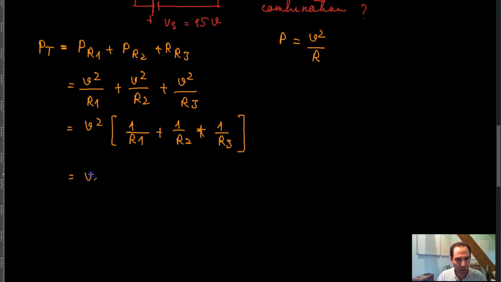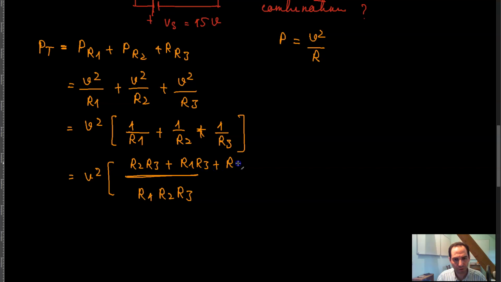Then you can write this as V squared times, taking the LCM of R1, R2, R3, R2 R3 plus R1 R3 plus R1 R2 on top, and write it this way.